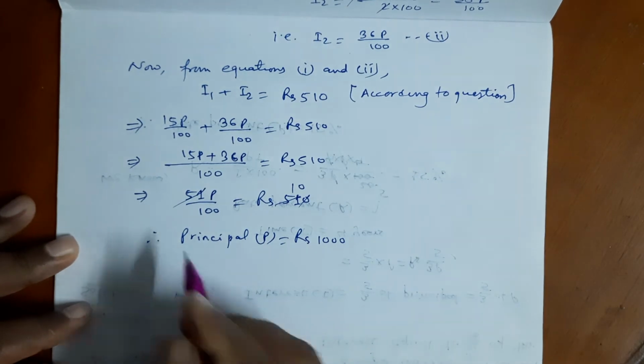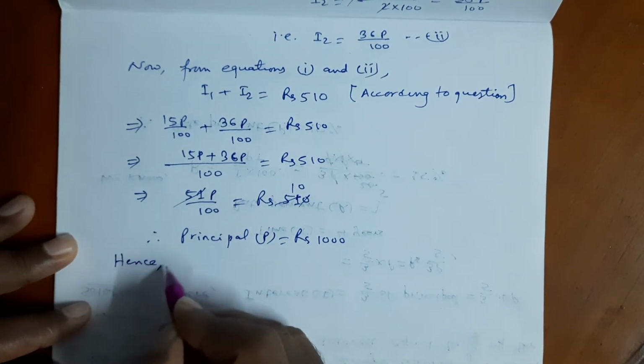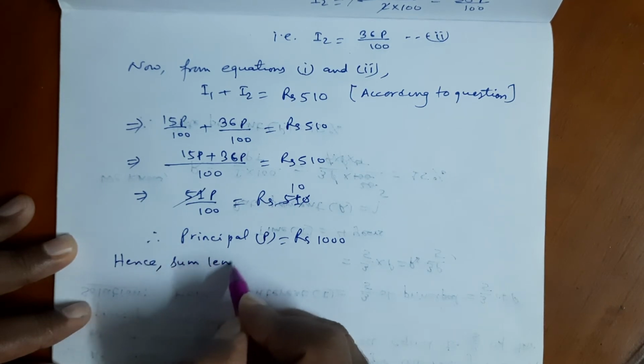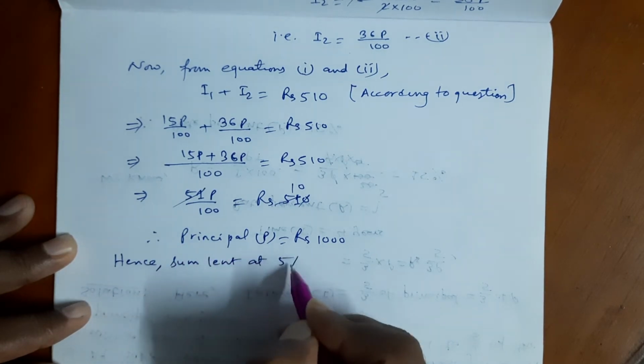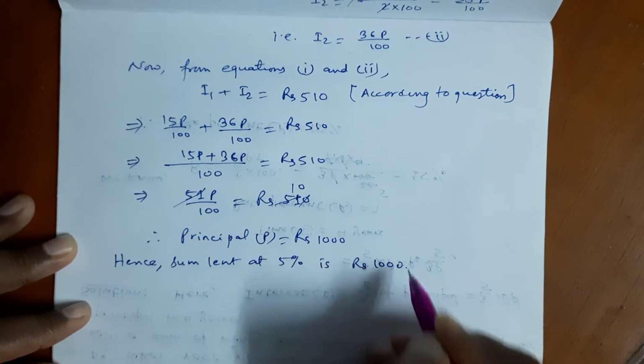Hence, the sum lent at 5% is rupees 1000. Answer.